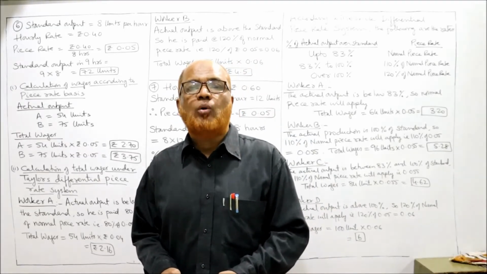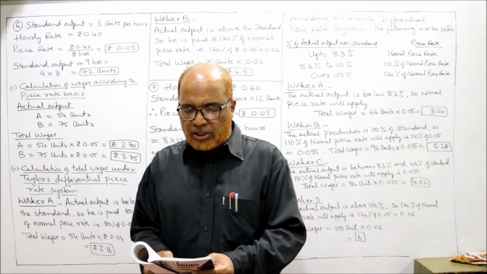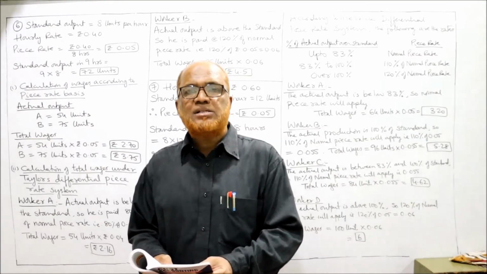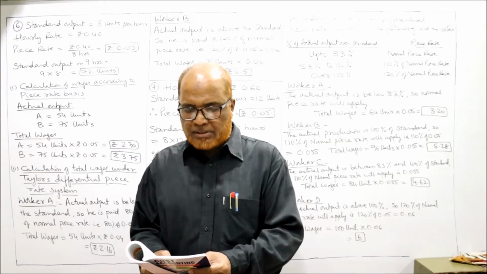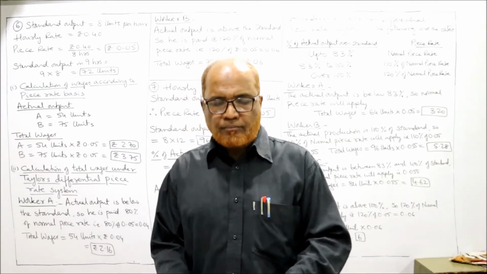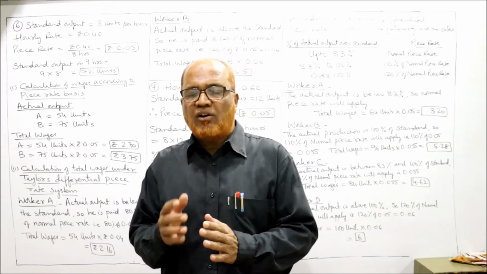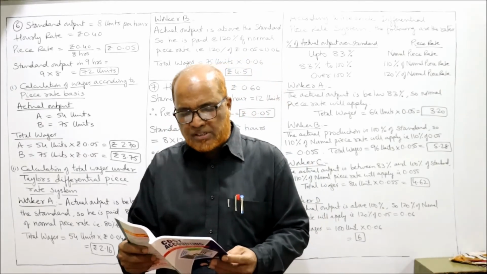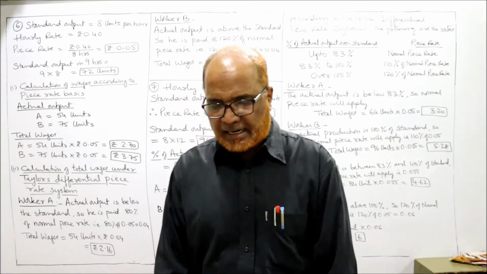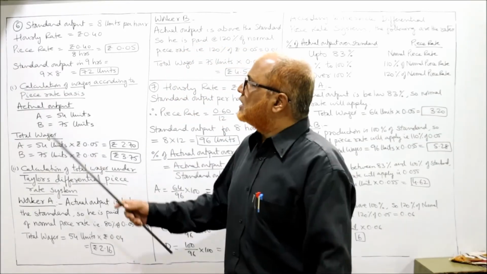These are the actual output of A and B. Differential to be applied are 80% of piece rate below standard and 120% at or above the standard. That's the problem. Now see carefully.